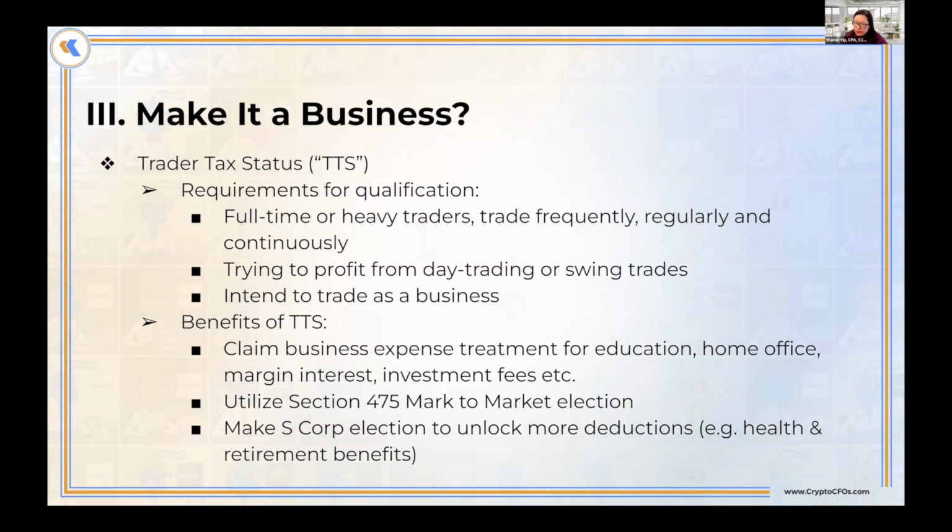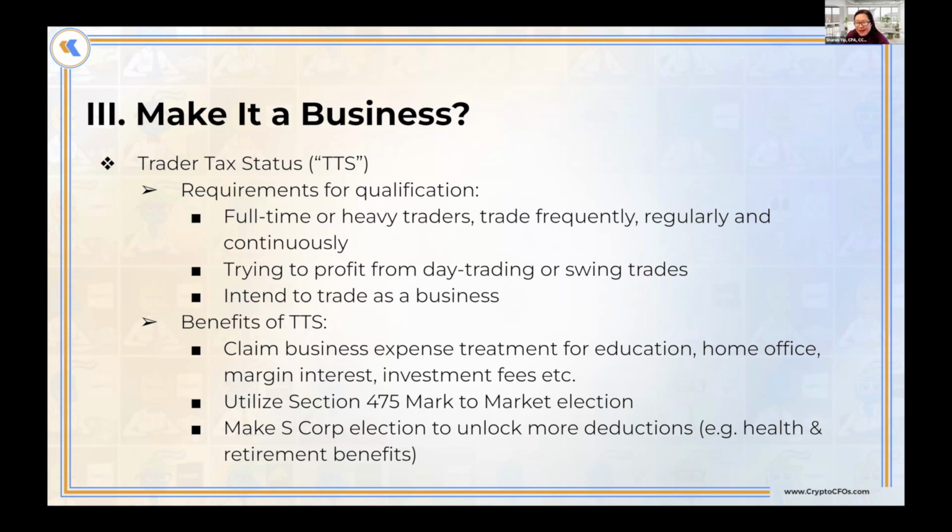In addition, those traders can utilize the Section 475 mark-to-market election to deduct their trading losses as ordinary rather than capital losses, which means they are not subject to the annual $3,000 net capital loss deduction limit.